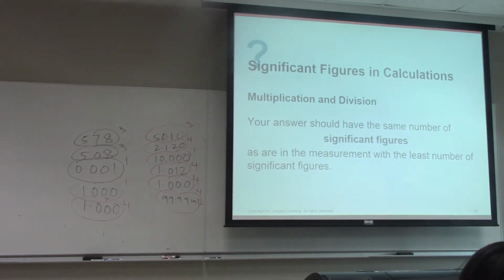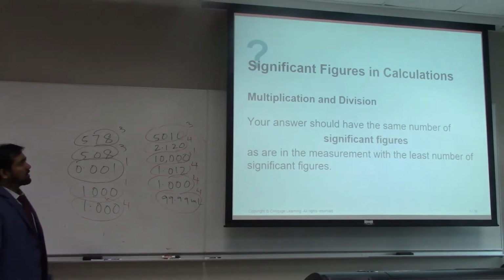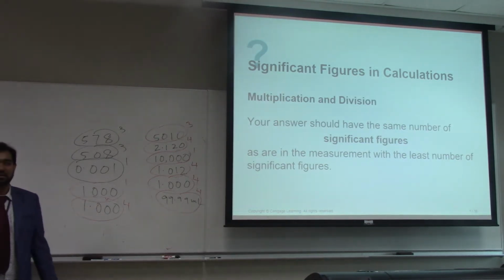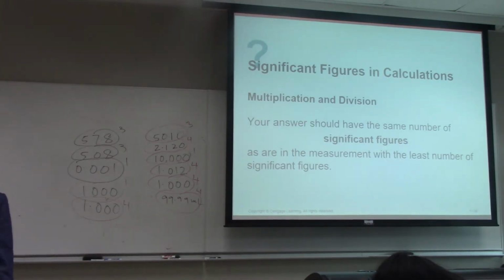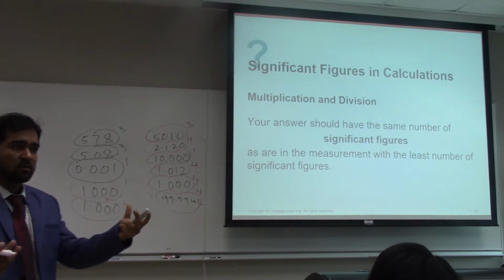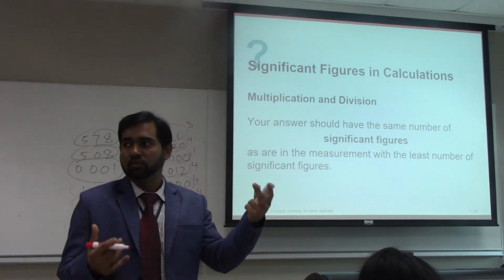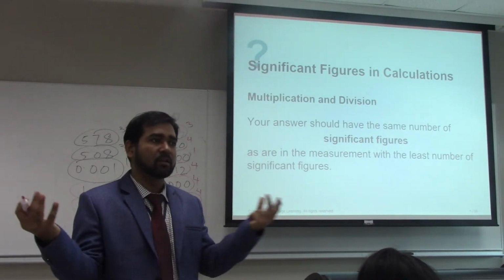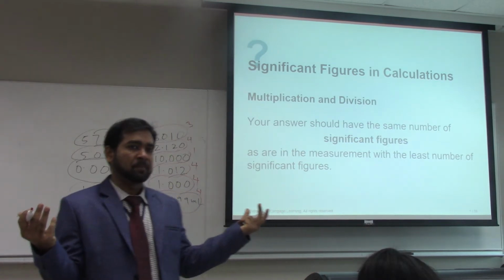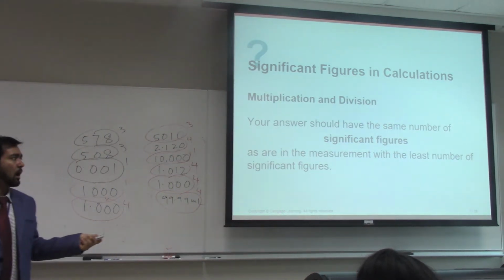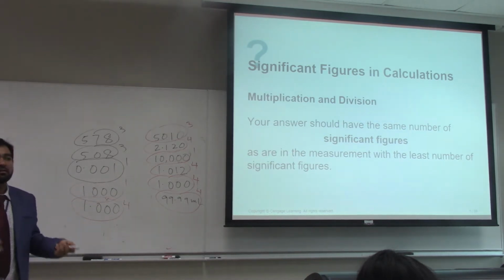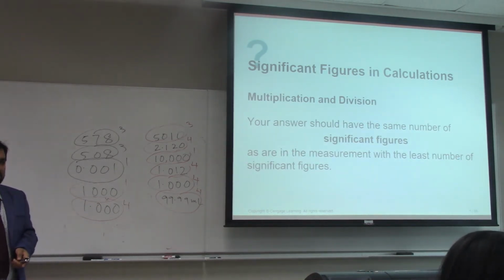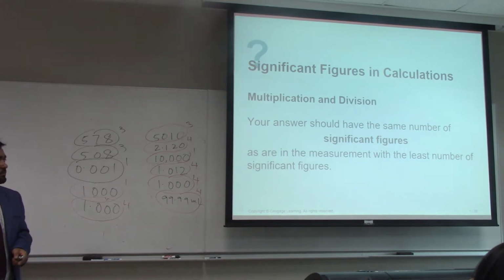So two more rules apply on the significant figure. One is multiplication or division. Multiplication, division, that means you have a question which has two values, two digits, right? Two numbers, two independent, separate different numbers. So with these two numbers, how do you calculate significant figure in the answer? That's what the rule is about.